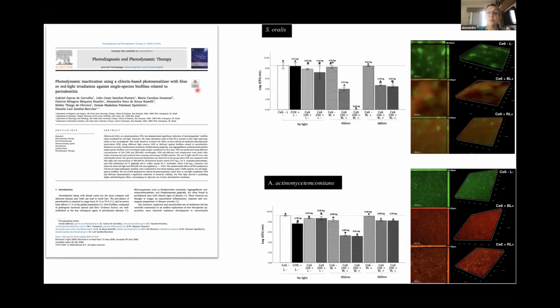In this paper, we used two different wavelengths, since chlorin e6 can be activated by 450 nanometers and 660 nanometers. Blue light is especially interesting in the dentistry field, since all dentists have in their dental office a blue light, a light source used for other purposes in dentistry.